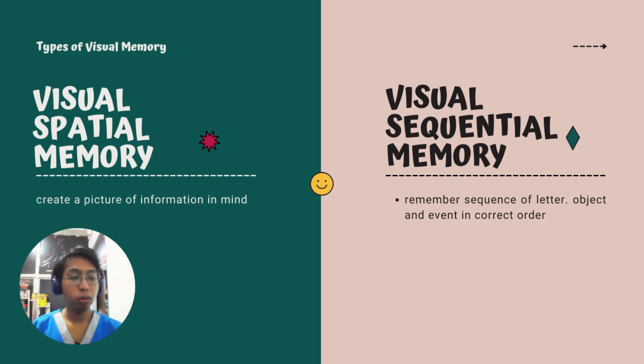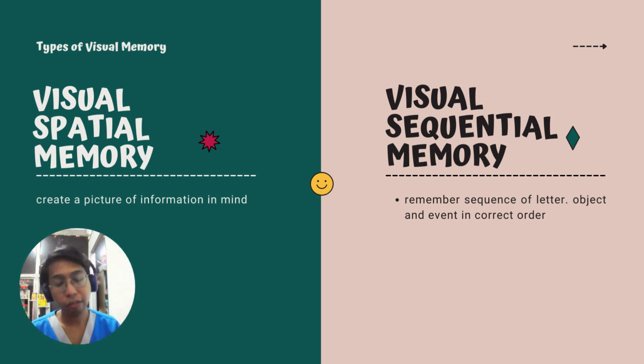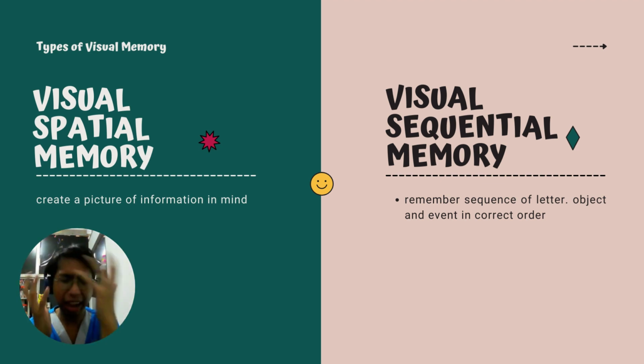For example, I told you about the cat, so immediately your memory forms a picture of a cat. Maybe not as accurate as what that person says, but from the way this person said, "Oh, this black furry cat," you try to form an image in your mind, black and furry cat. How does it look like? So this is how visual spatial memory works.